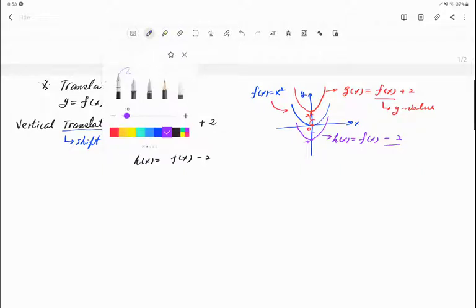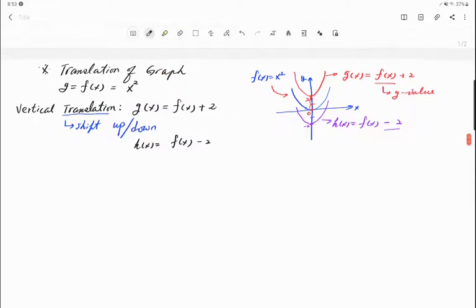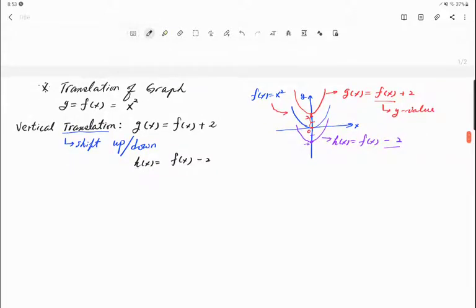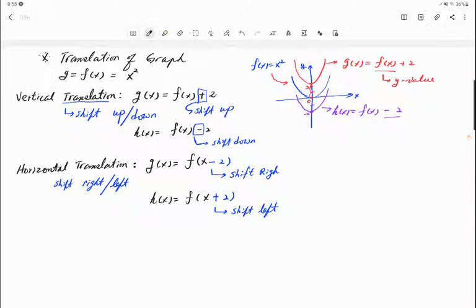Okay, the next one is the horizontal translation. In a horizontal translation, we move the graph to the right or left. Here is the x-axis, and this is the y-axis.